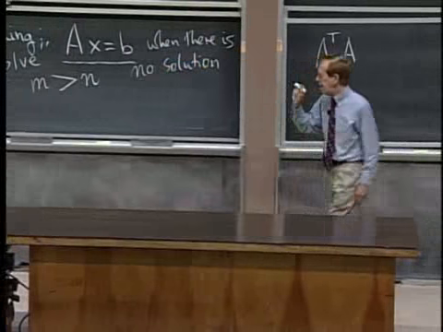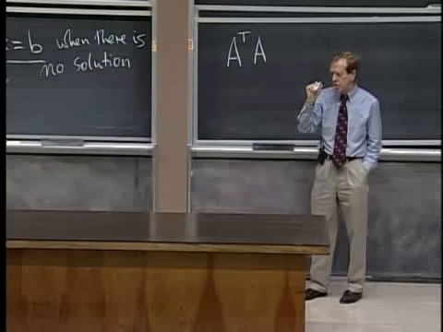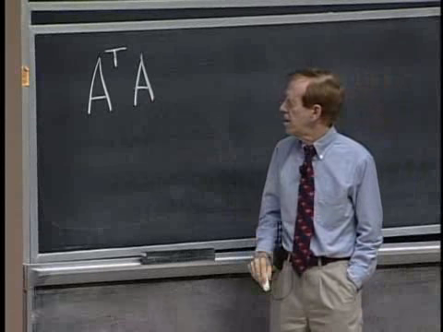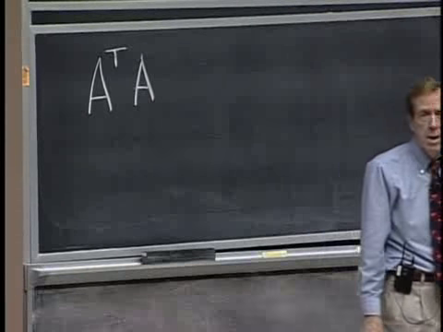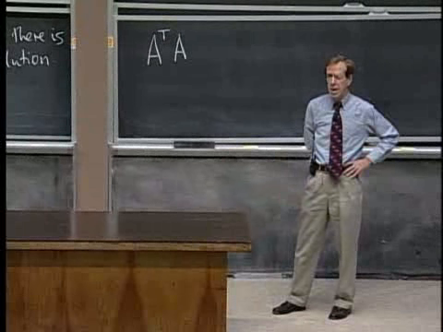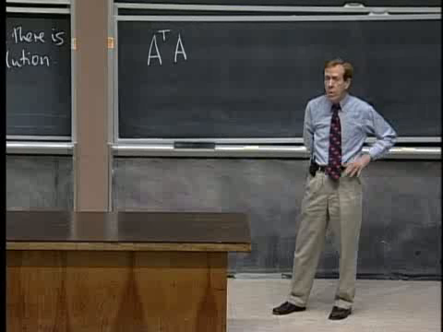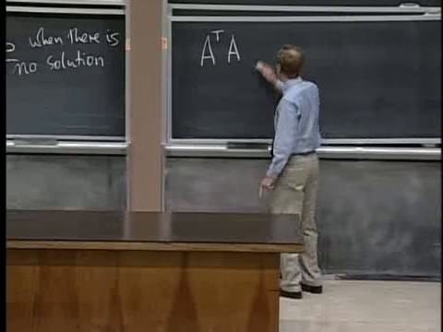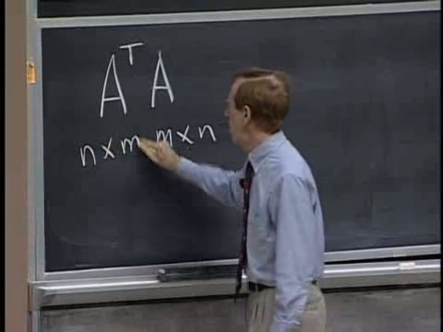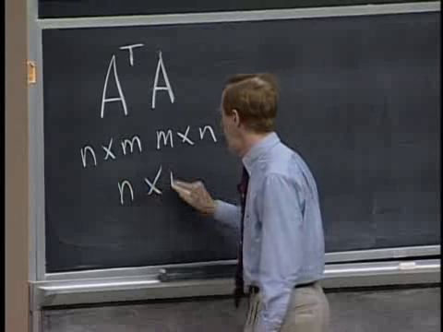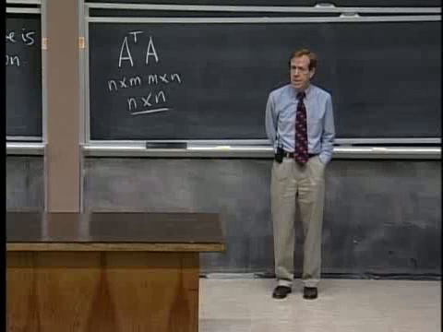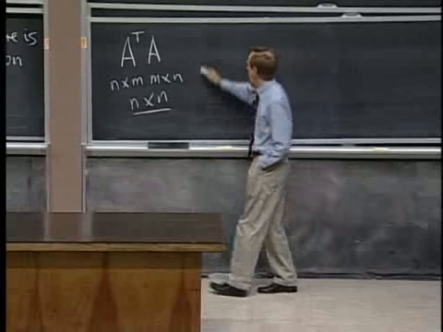But now I'm saying that the good matrix that shows up in the end is A transpose A. What's the first thing you know about A transpose A? It's square, right? Square, because this is m by n, and this is n by m. So the result is n by n. Good. What else? It's symmetric. Good.